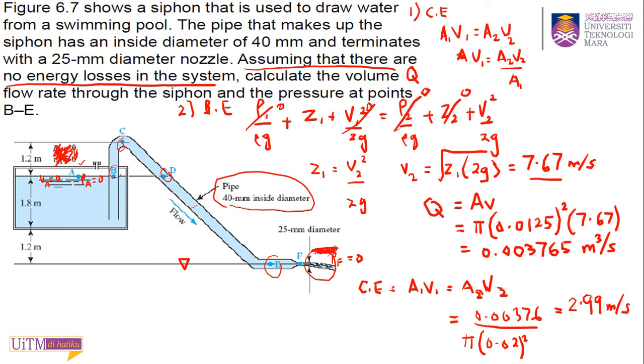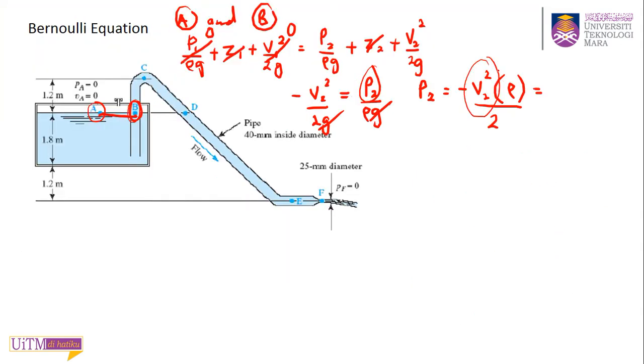Okay, so this is the value that you will use inside here to get your pressure at point B. Now you can put back, so 2.99 squared times rho of the water, so you need to know 1000, divided by 2. So what's the value for pressure at point 2? What is the value?